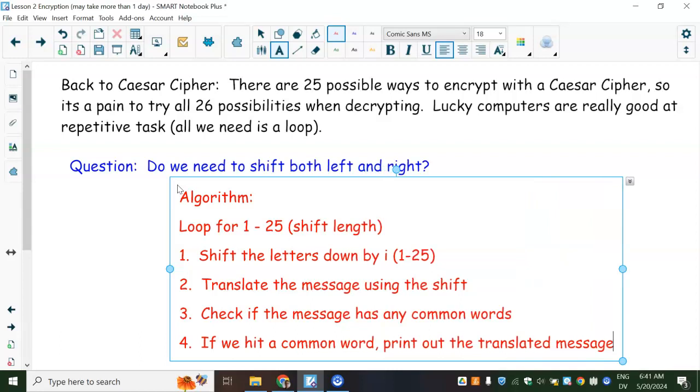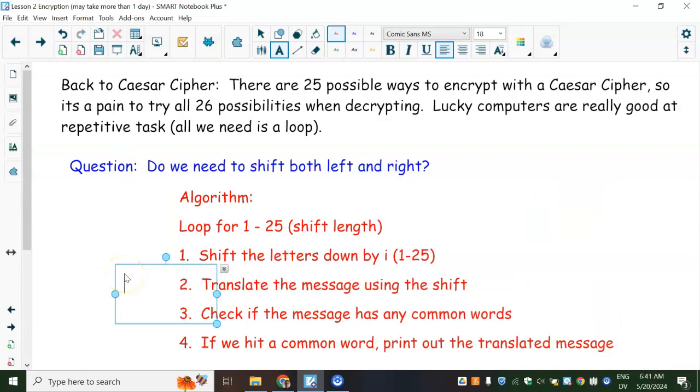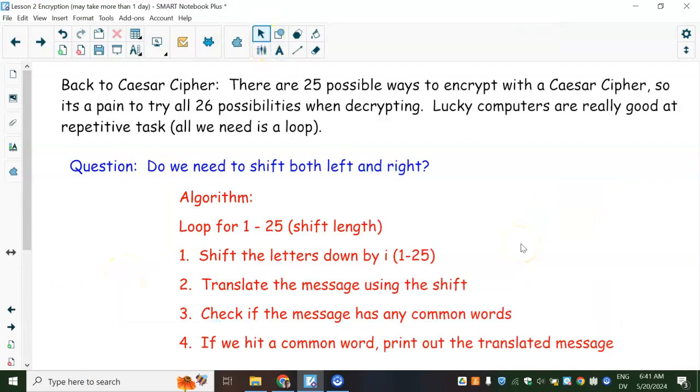Because if we hit even one word, we can just print it out. It might look like gobbledygook because maybe we just randomly hit a common word, but once we print it out, we can look at it and say, oh, hey, that does look like an actual message.